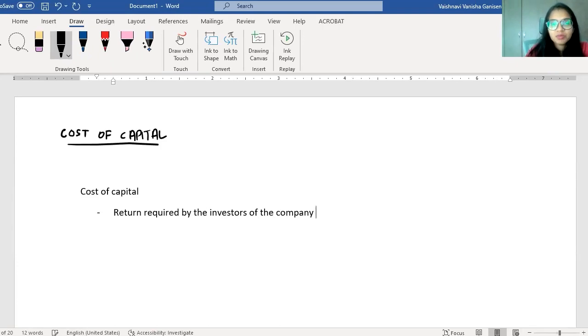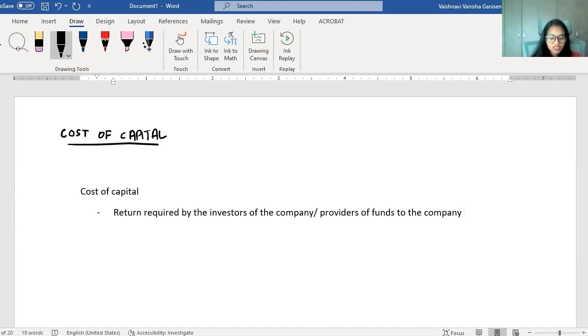When I say it's required by the investors of the company, another name that you call it is providers of funds. Guys, I think I will continue writing. Typing is not my thing.